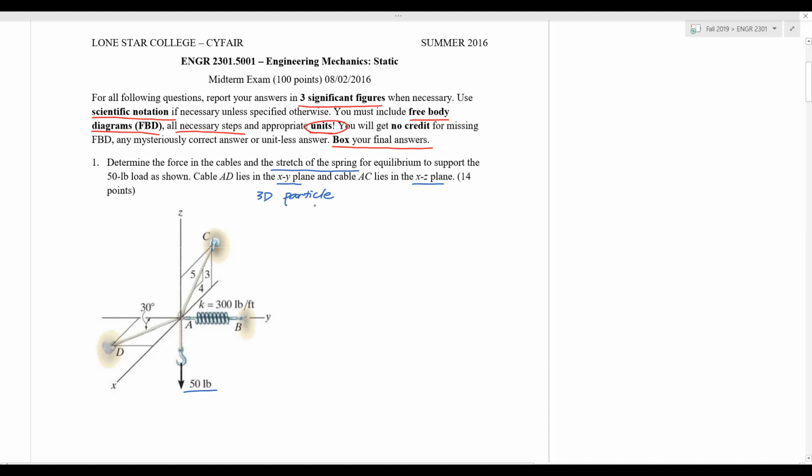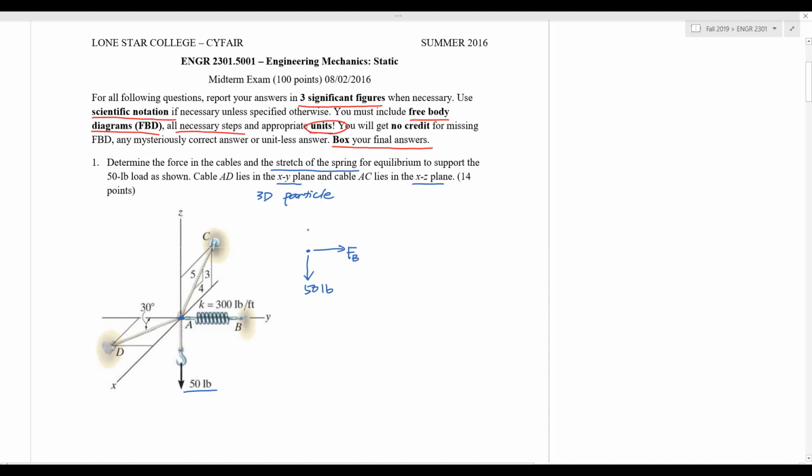And the very first thing you want to do is to draw the correct free body diagram. So we want to draw the free body diagram at the particle, which is the knot at point A. So at point A, we have the given force, 50-pound force, that's the load that's given. And then we have the spring force, FB right here.